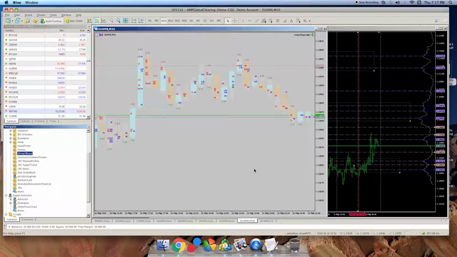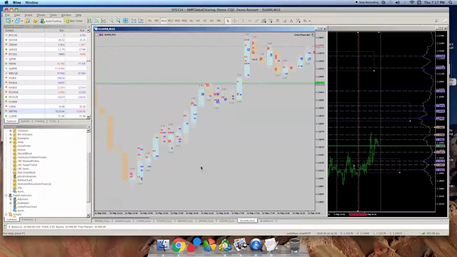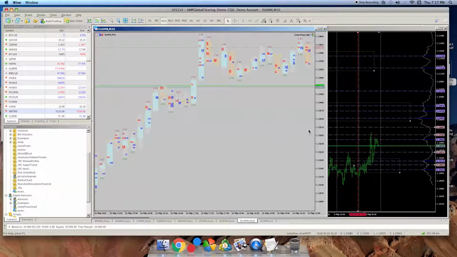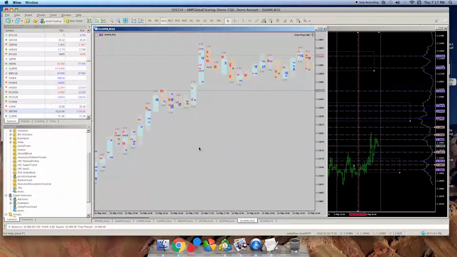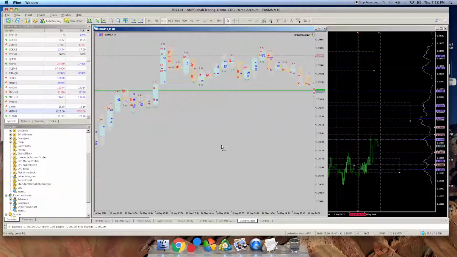So we place it, and eventually it will be displayed. You see those little rectangles. They were used for support and resistance. For example, here at this point, we have a trade setup. Why?